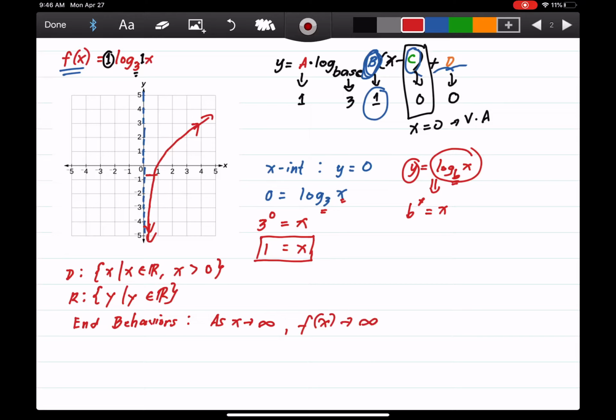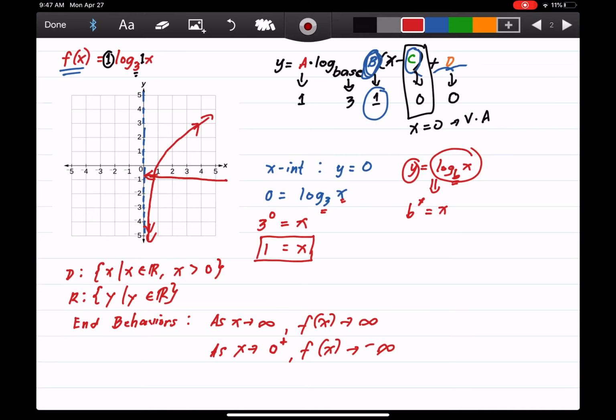And then the other one, as x is approaching 0, because you can no longer go beyond that 0 as there is no graph on that side. As x approaches 0, from which side? From the right side, so there's a plus here. If it's from the left, we use a minus sign. So as x approaches 0 from the right, look at the graph, it's decreasing. f of x is approaching negative infinity.